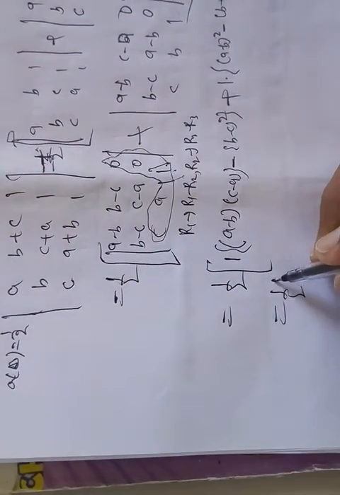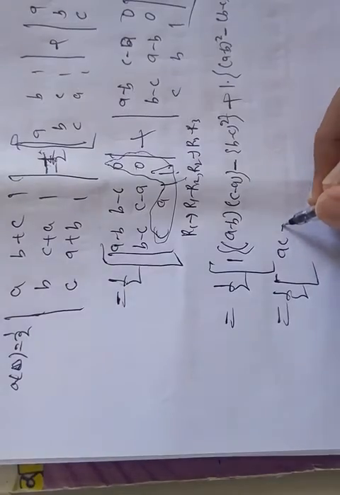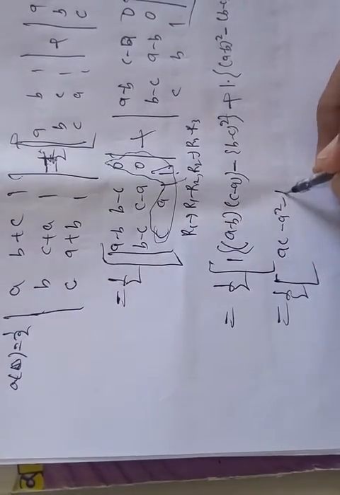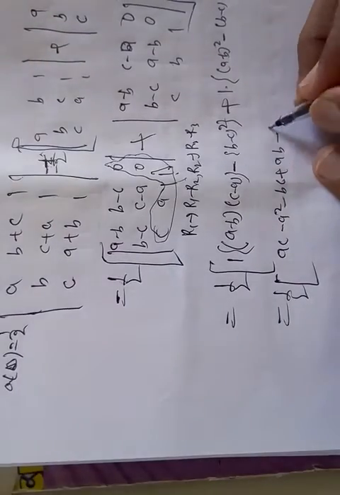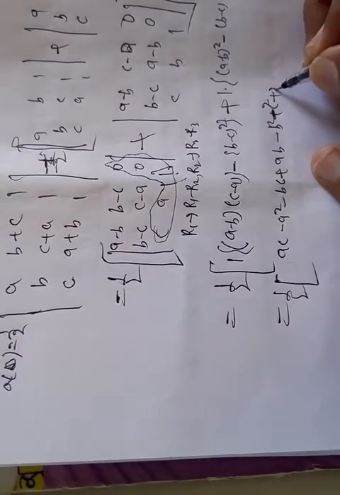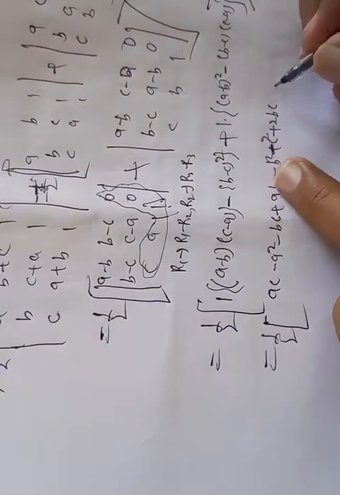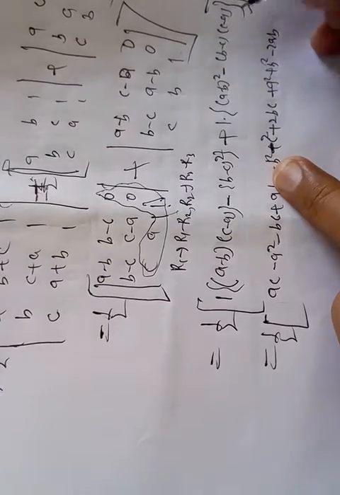So 1 upon 2 times: a into ac minus a square minus bc plus ab minus b square minus c square plus 2bc, and a square plus b square minus 2ab.